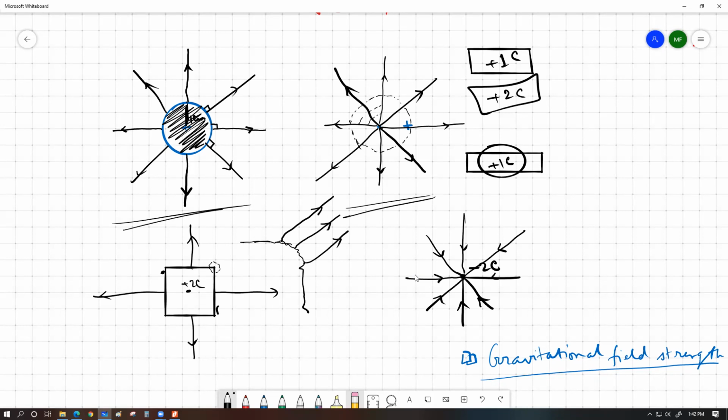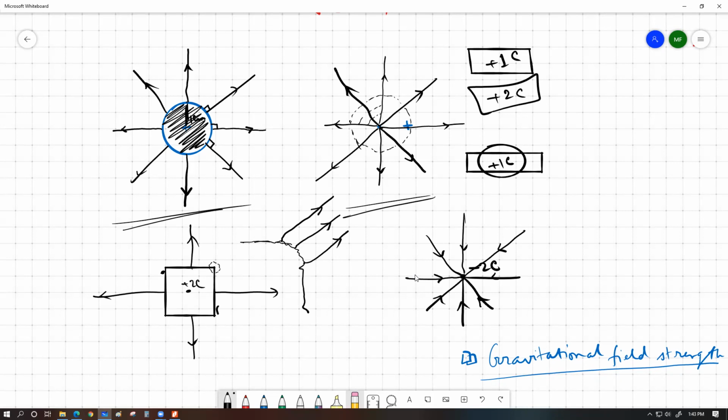So at that point in the history of physics, scientists decided that positively charged particles actually move from one place to another. That's what they assumed. And because of that, electric field was also defined by means of the force experienced by a unit positive charge moving from one place to another.